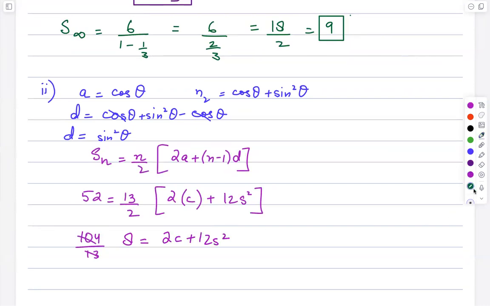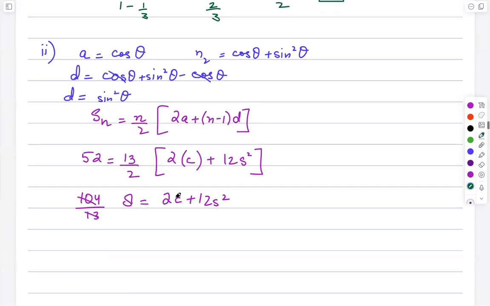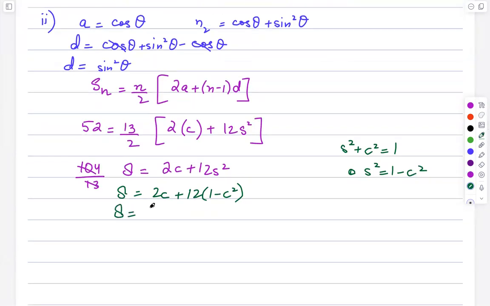Now, as we have to find the value of theta, we can use a substitution. We know that sine squared plus cos squared equals 1. So sine squared can be taken as 1 minus cos squared. So we can write this equation as 8 equals 2 cos plus 12 into 1 minus cos squared. Simplifying this, we'll get 8 equals 2 cos plus 12 minus 12 cos squared.